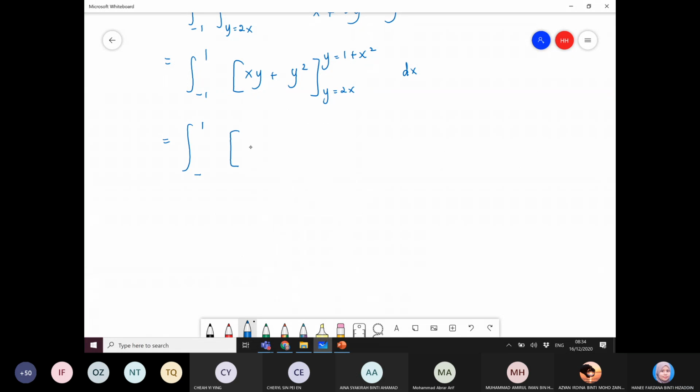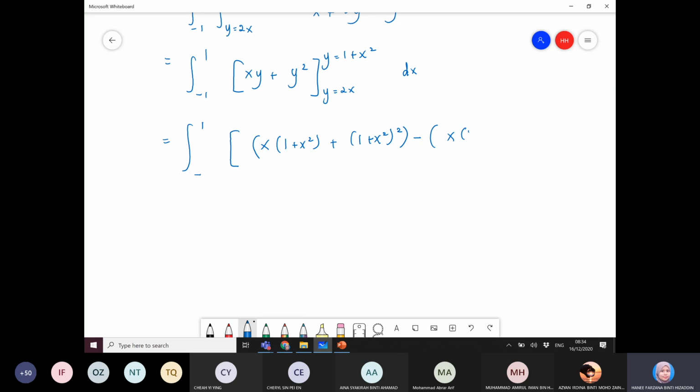What's next is that you just continue. Here you have x, and for y you put in the upper limit. So the upper limit is x times 1 plus x squared plus 1 plus x squared, squared. This is the upper limit minus the lower limit.